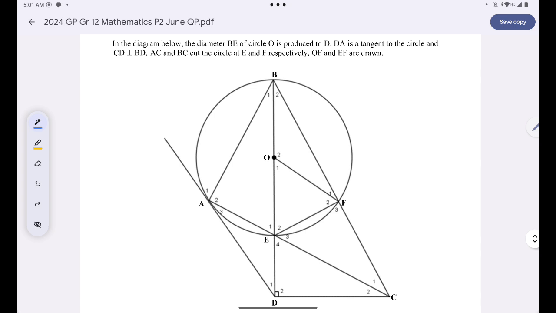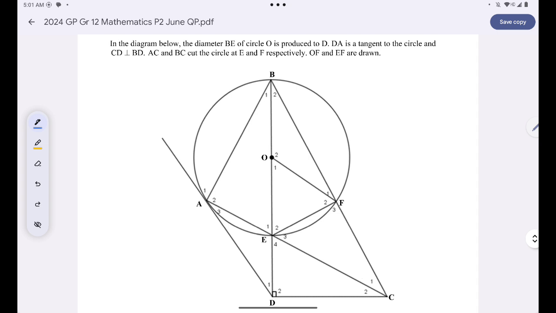Are you together? Secondly, whenever a diameter meets with a tangent, they will always form an angle of 90 degrees because they are perpendicular. Are you together? So once I hear the term diameter, I need to know that the diameter subtends an angle of 90 degrees at the circumference.